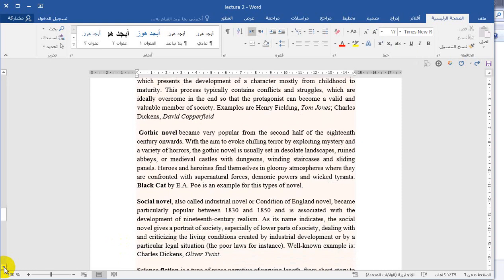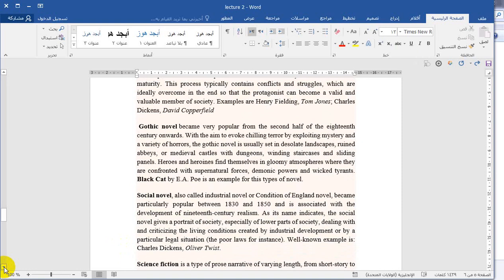We have the social novel. Social novel, from its name, social, meaning society. It focuses on society, the problems of society, different problems, like problems of marriage, of education, of religion, politics, and mostly politics. We know that the 18th century is the age of realism, and we know what we mean by realism.